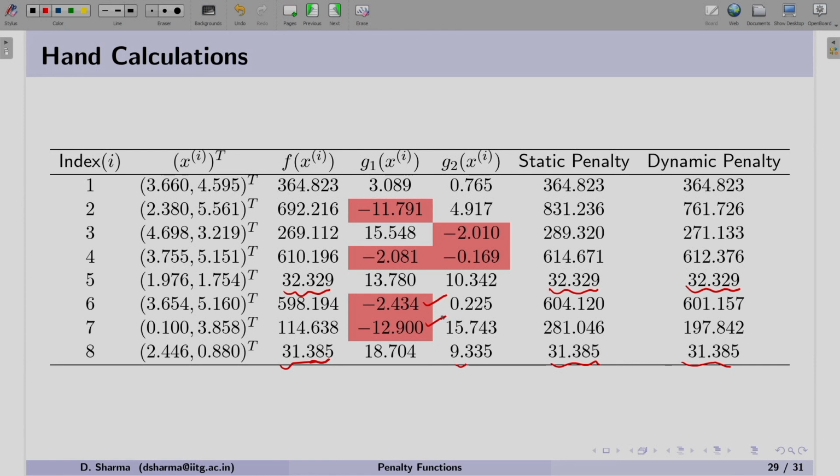Therefore, the penalty terms corresponding to their constraint violations are added into their objective function values. So, with this hand calculation, we can see that as and when an infeasible solution is there, we are penalizing that solution, adding the penalty corresponding to the constraint violation and the values of R1 and R2 accordingly.